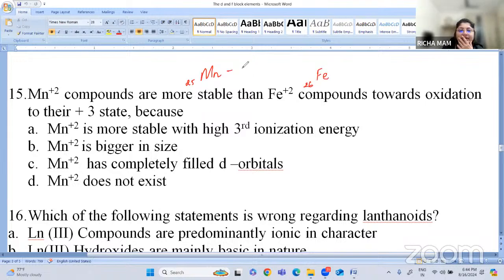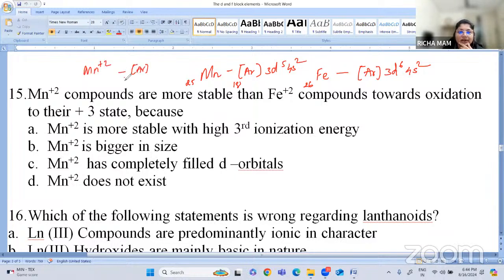If I write the electronic configuration of manganese, it is argon 18, then 3d5 and 4s2. For Fe, it is argon 3d6 and 4s2. Now if I write the plus 2, in Mn plus 2 it will be argon 18 and 3d5, and Fe plus 2 will be what?